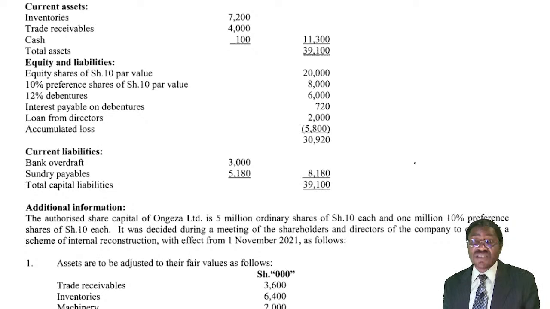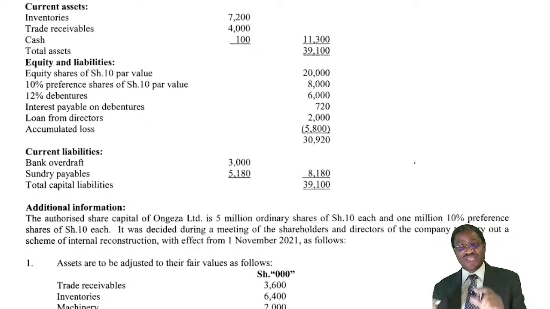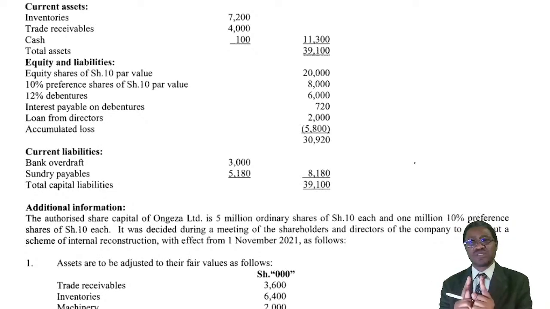They are saying we are replacing that one, which is the 8 million, with 6 million 15% preference shares of 10 each. That means we are giving shares worth how much?